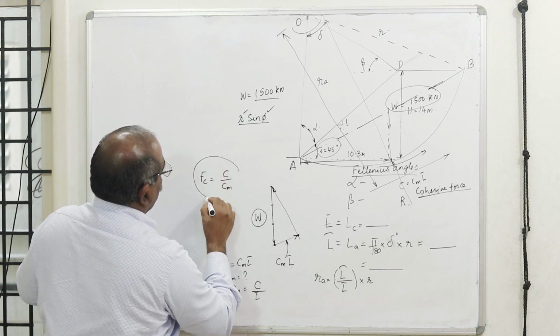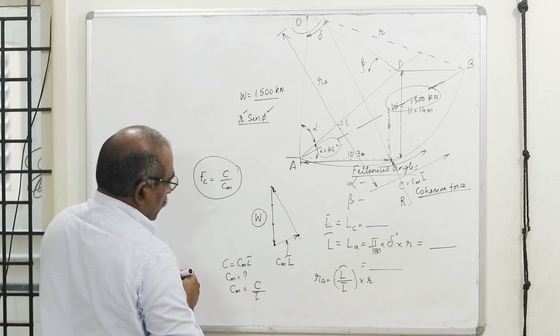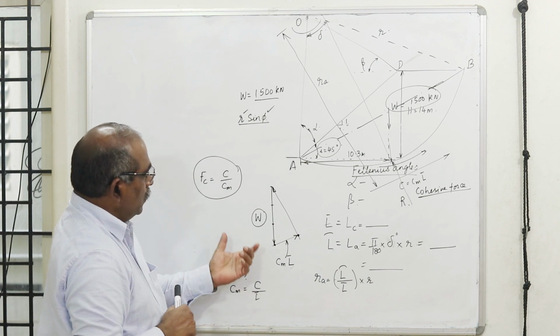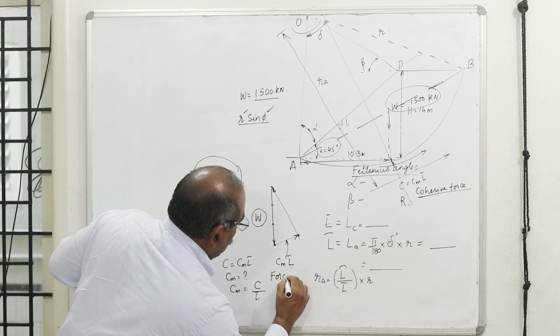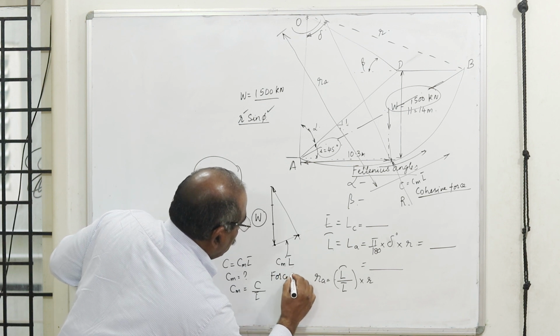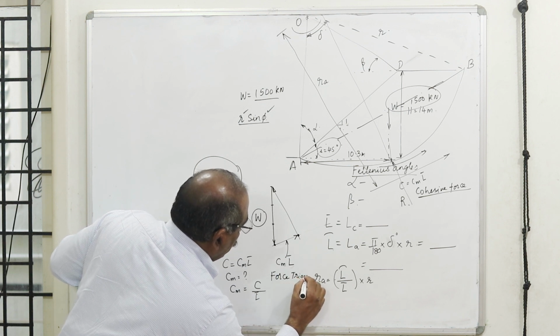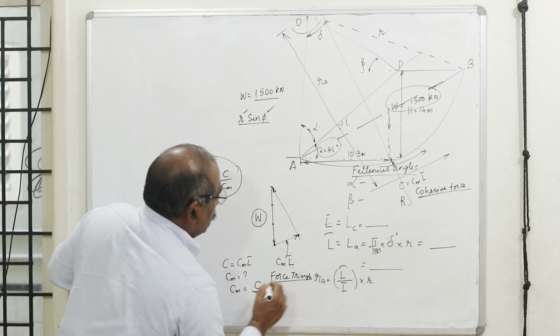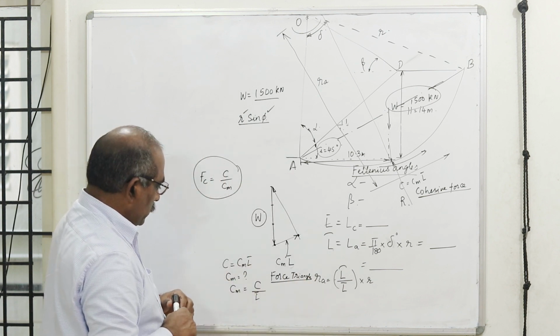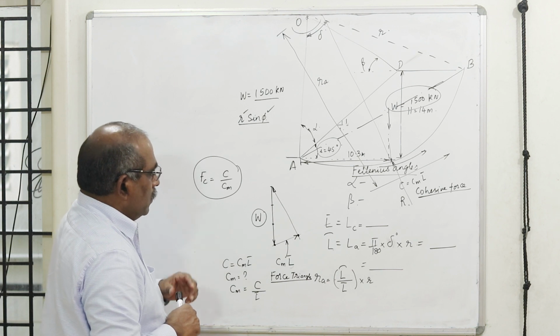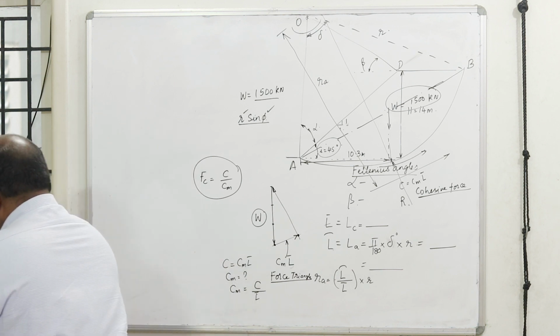Now this force triangle gives you the way to find out the mobilized cohesion. To get your mobilized cohesion, we're doing all these things. You can work out this independently.